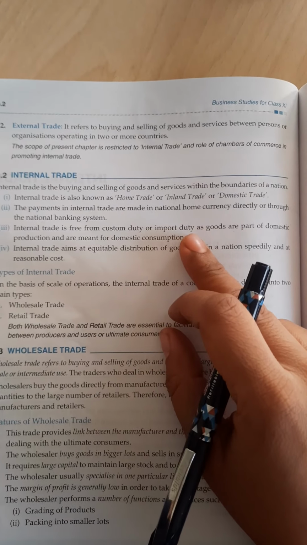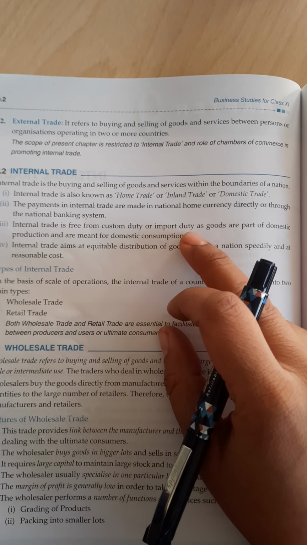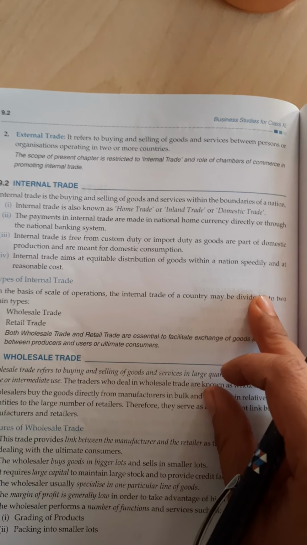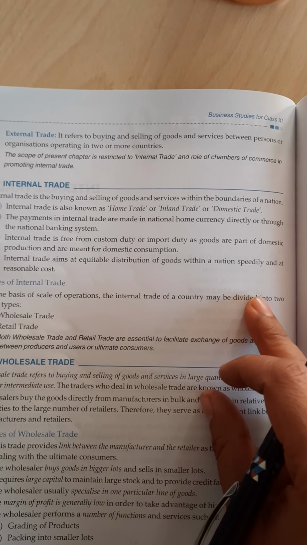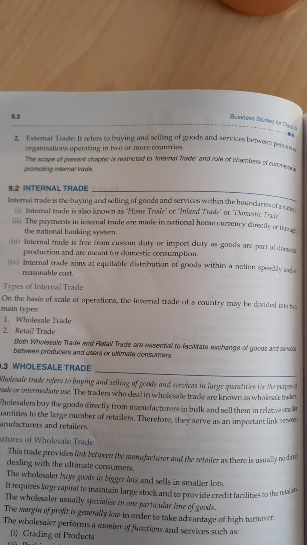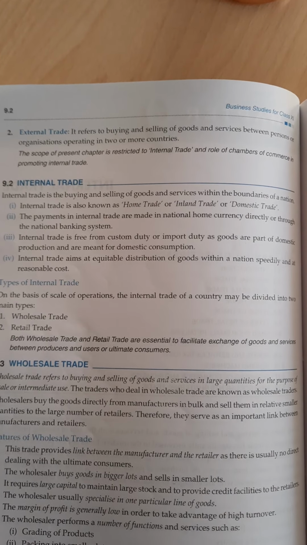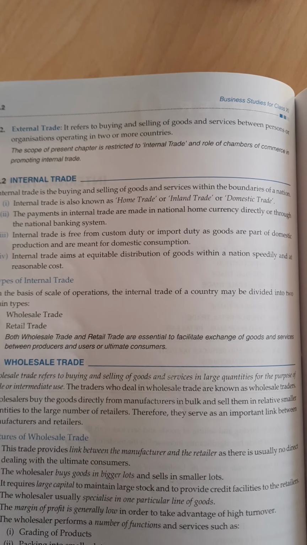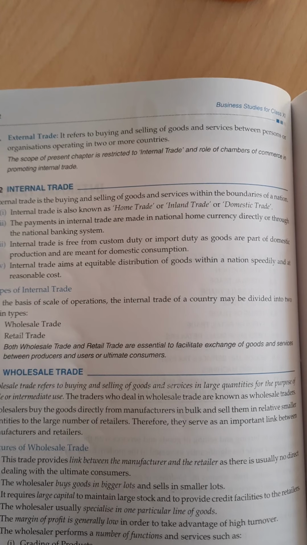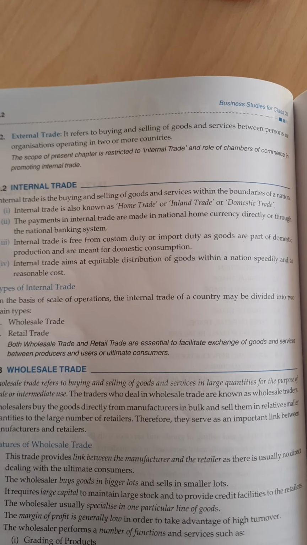Internal trade, its features. So internal trade is also known as home trade, or you can say inland trade or domestic trade. The payment in internal trade is made in national home currency. Like for example if we talk about India, all the payments will be done in Indian money, okay, or through the national banking system. Internal trade is free from custom duty or import duty.